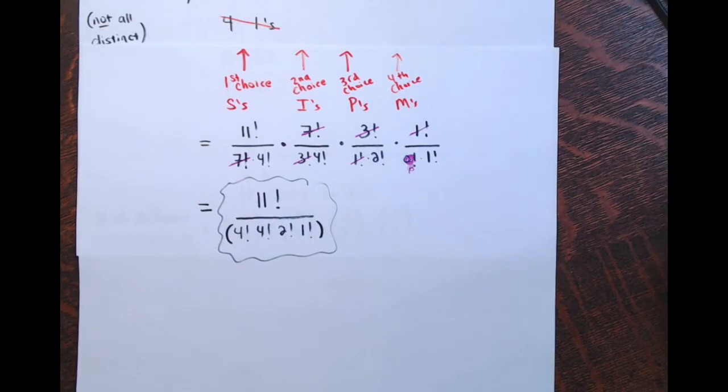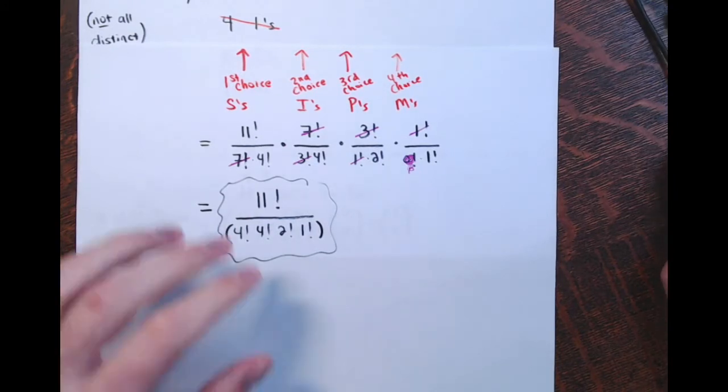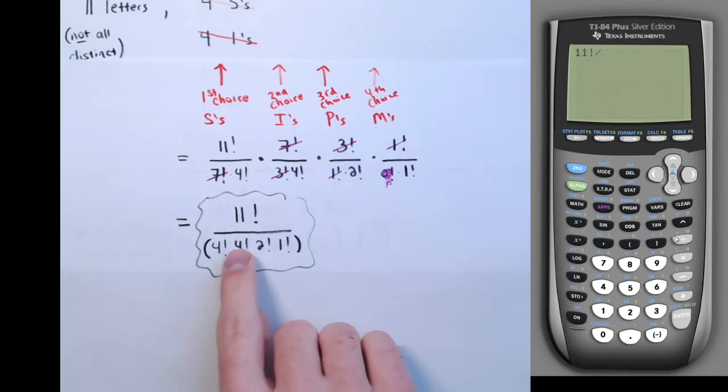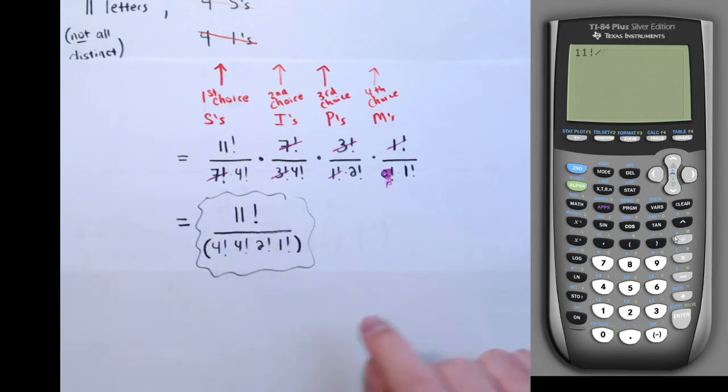All right, let me show you the general formula. Now, let me actually punch this in. All right, so on the calculator, let's pull this up. So I have 11, and then factorial, you hit math, go over to PRB, down here, the factorial button. And then I'm dividing this by, now if you want to enter all this at once, you're going to have to put it in parentheses.